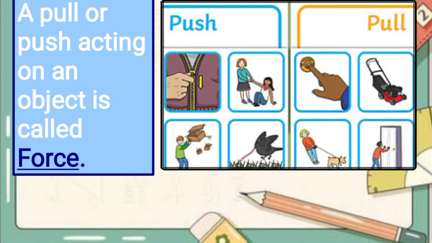Even it can be used to increase or decrease the speed of a moving object. So, a pull or a push acting on an object is called force. So we can move objects or change their shape by applying force.